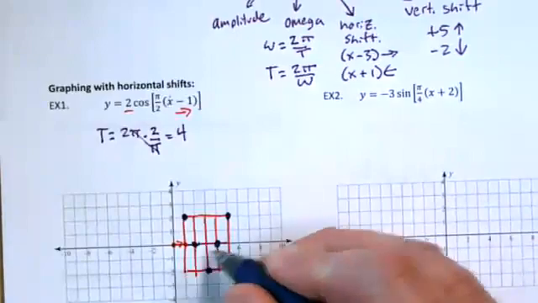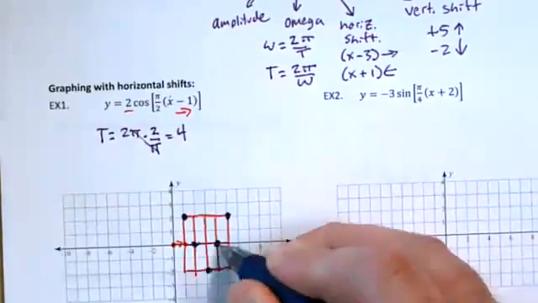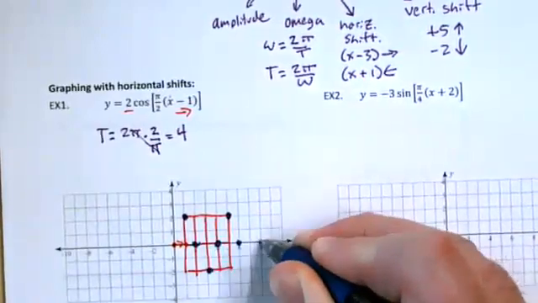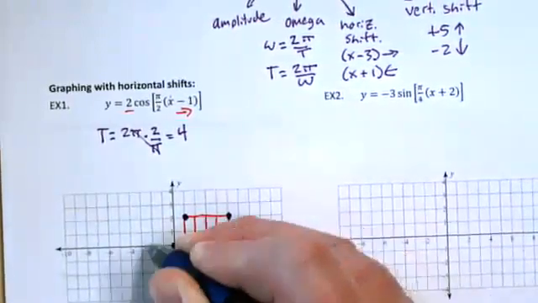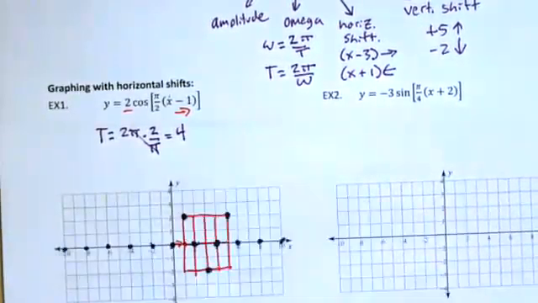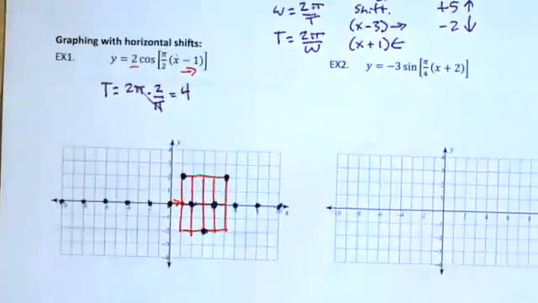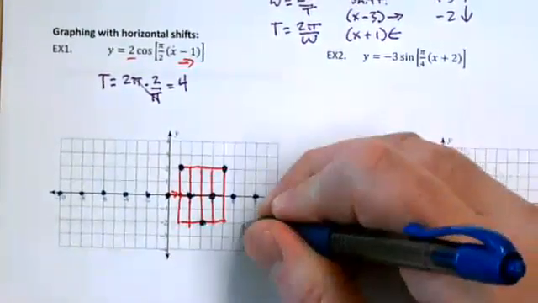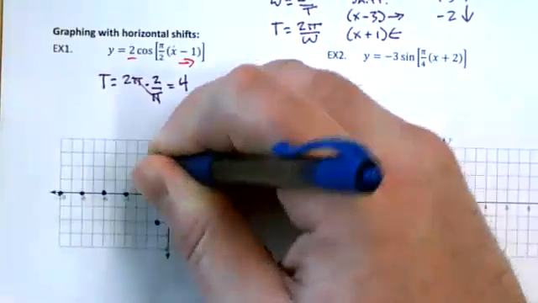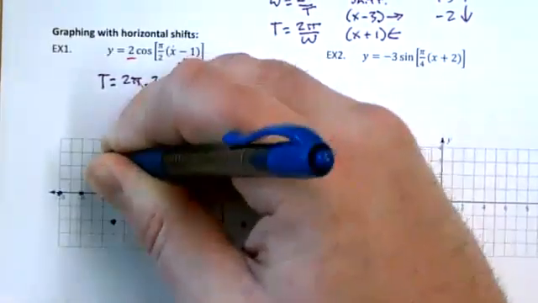When I do it, I find it quickest to do the x-intercepts first. I'm noticing they're 2 units apart because that's half a period. So I'm going to do all my x-intercepts first. And then I'll come back and do my maxes and mins in between those. But whatever techniques you've developed at this point to speed this process up, it is tedious, but you are going to get pretty quick at it over time.